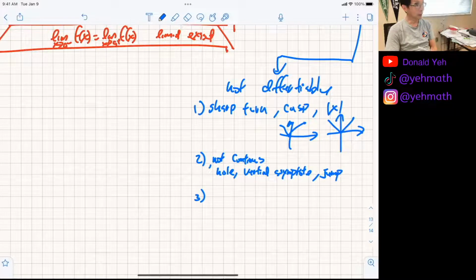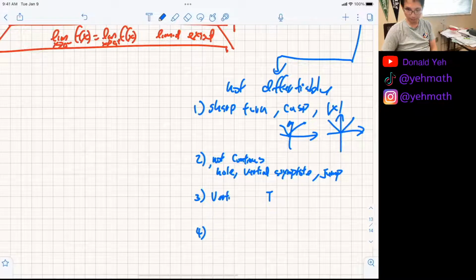Three, there are two more things that are not differentiable. Give me two more situations where it's not differentiable. V and T, two words.